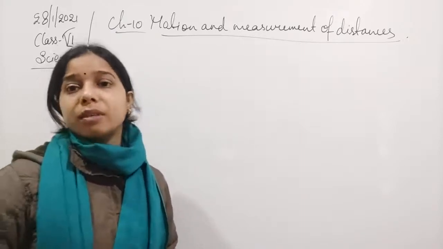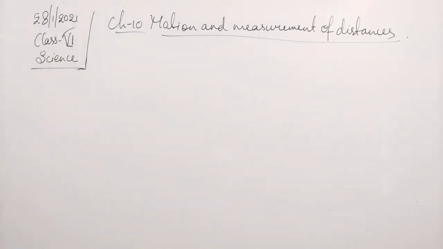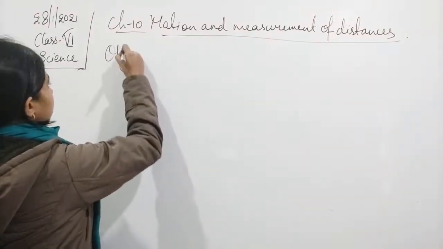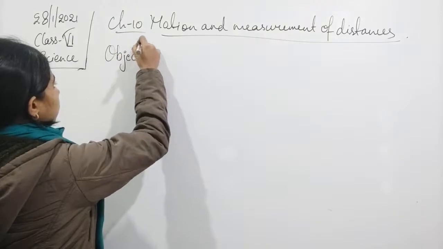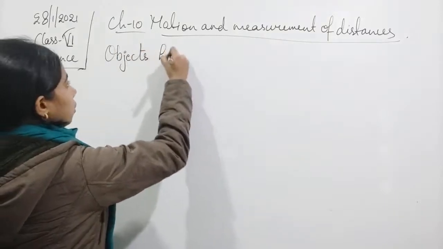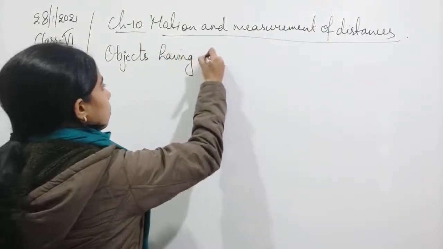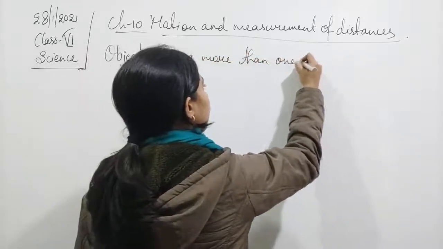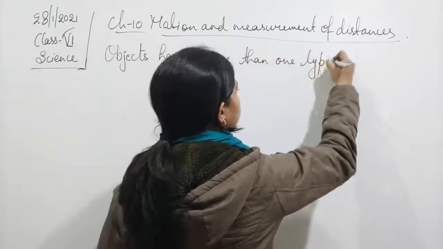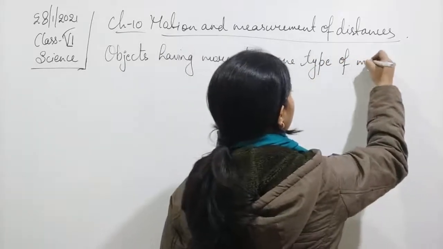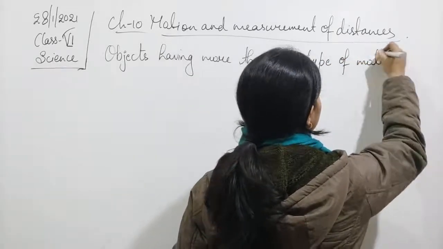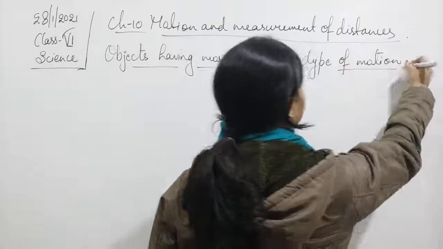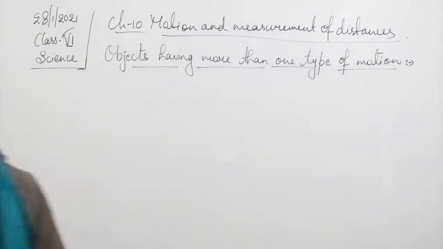So let us see a few examples of objects having more than one type of motion.